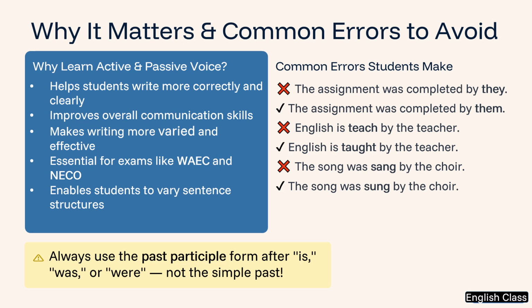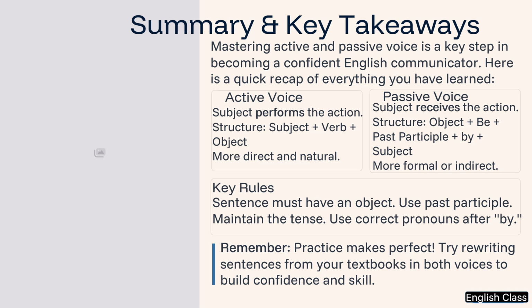Good. And we're coming to the end of this lesson. I hope you're enjoying this. Now, in summary, as a round off, this is our takeaway. Mastering active and passive voice is a key step in becoming a confident English communicator. Here is a quick recap of everything you have learned.